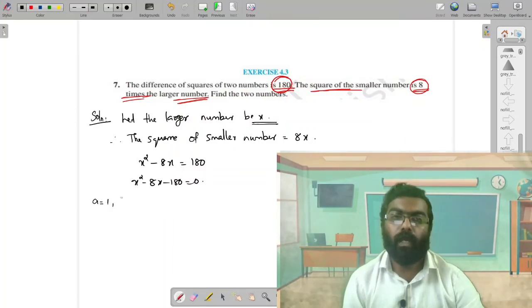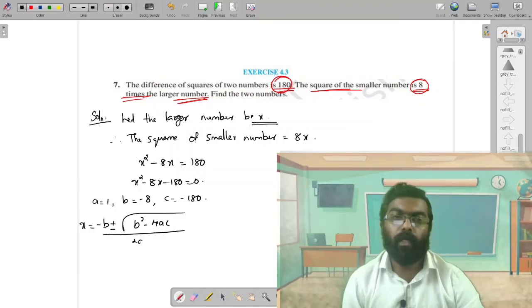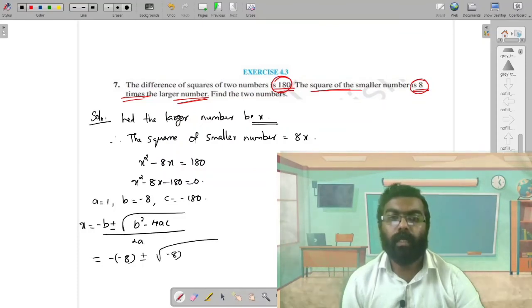So here a is equal to 1, b is equal to minus 8 and c is equal to minus 180. And x is equal to minus b plus or minus root of b square minus 4ac, whole divided by 2a. Here it is minus of minus 8, then plus or minus root of minus 8 the whole square minus 4 into 1 into minus 180, then whole divided by 2 into 1.